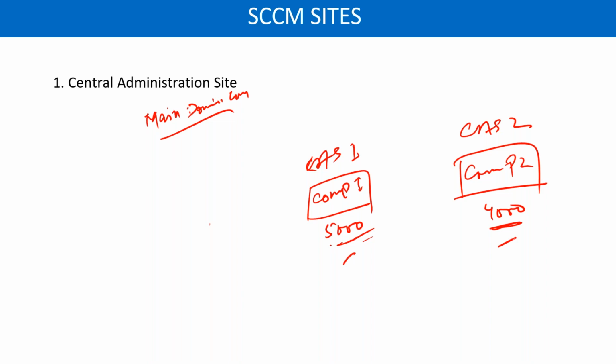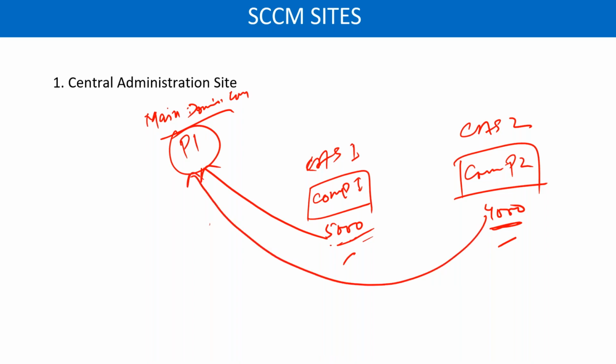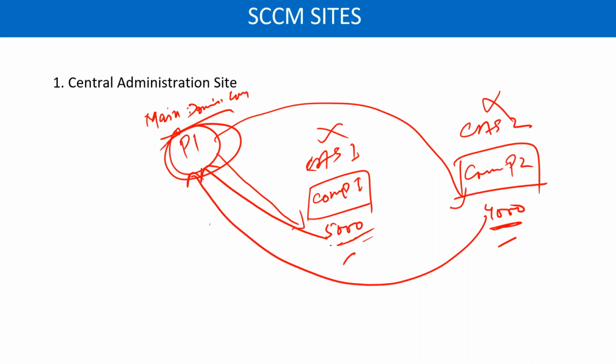You will have a primary site or central administration site here, so you can start discovering devices in your main domain. You already have a trust relationship. Then you push the agent from this site to these computers, and then you can decommission these, so that all the computers point to the main one.